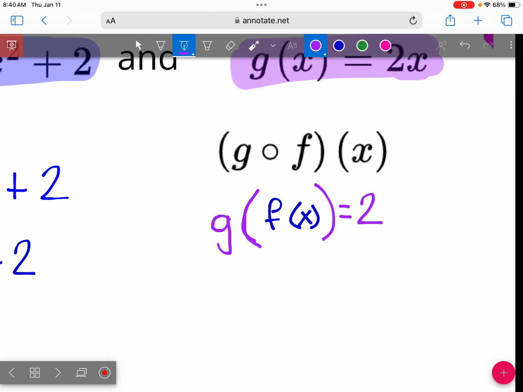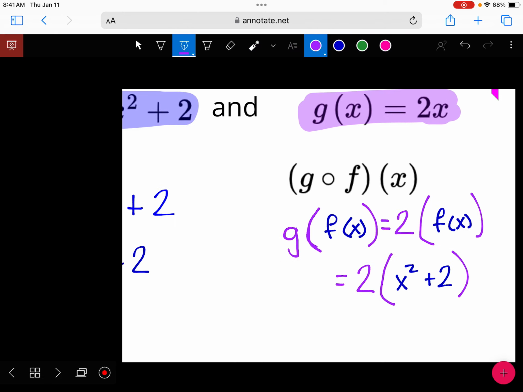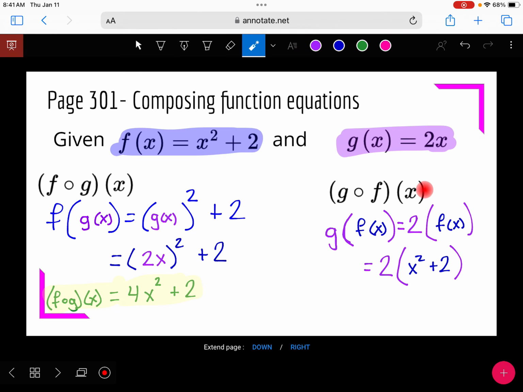So we're going to have our 2 times f of x, also known as 2 times x squared plus 2. So we've substituted that whole equation. This whole equation got put in place of this x.